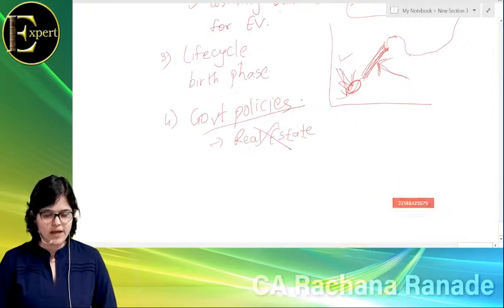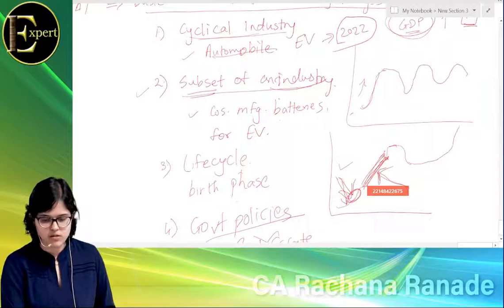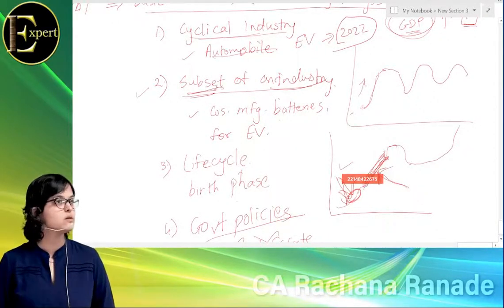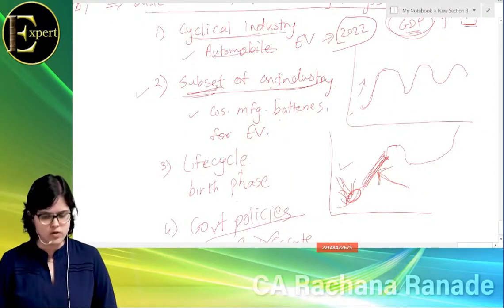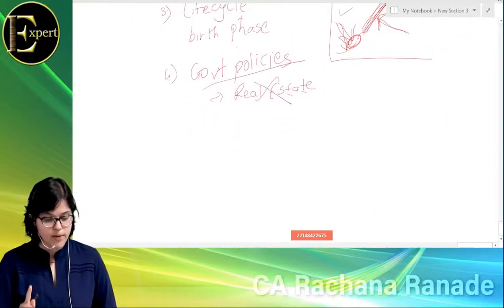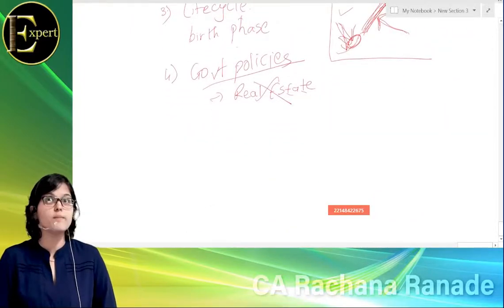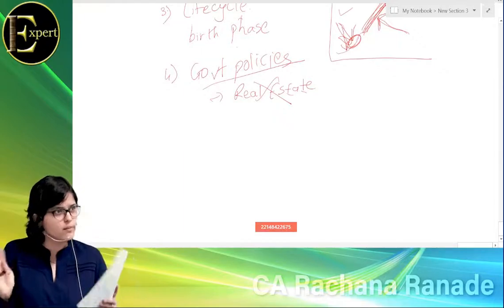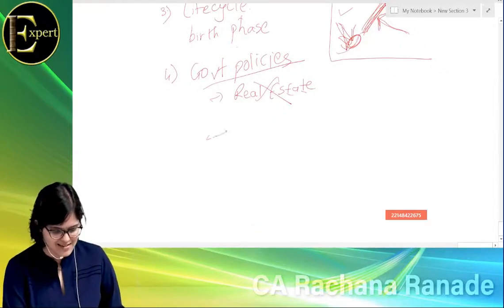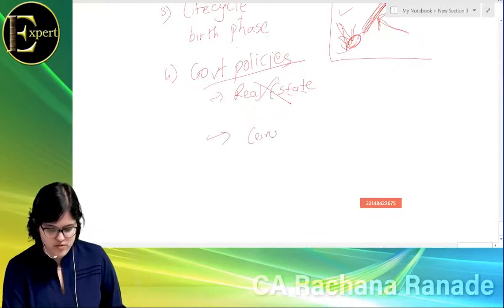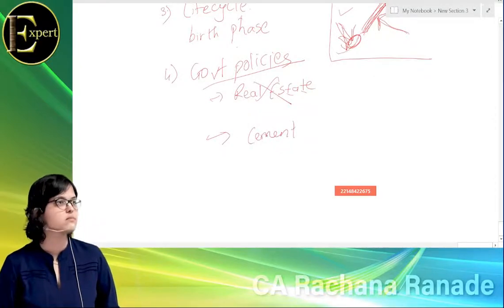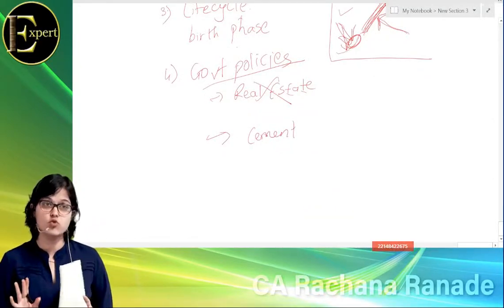But again, I'm using the same logic, subset of industry. So what could be a subset? If people are really going to buy houses or maybe construct their own houses, chota hi sahi, but they are going to construct their own houses, can I say cement is going to be something which might definitely be a good one? This could be in the growth trajectory.